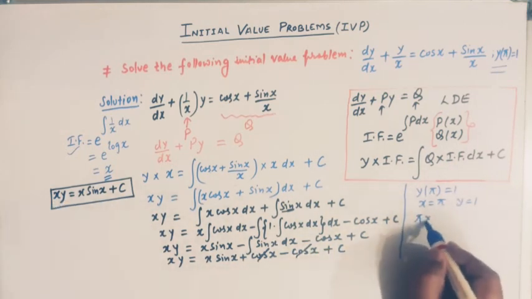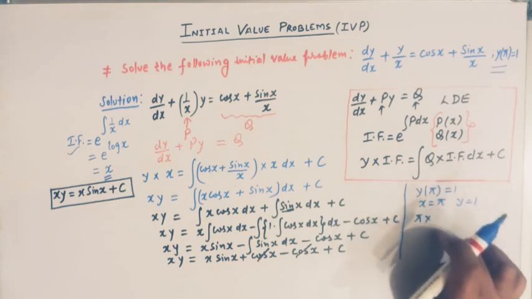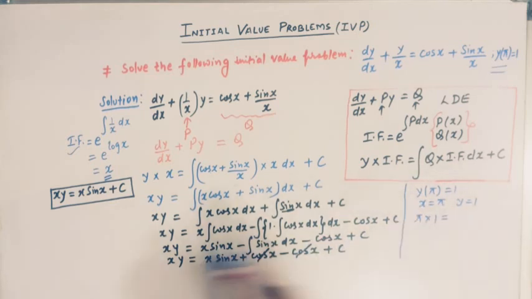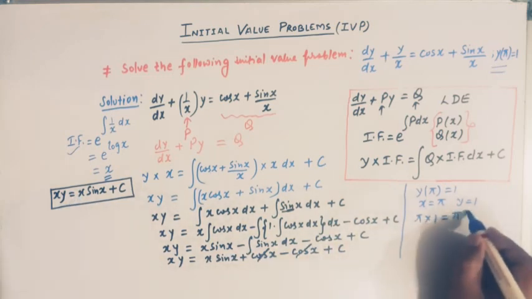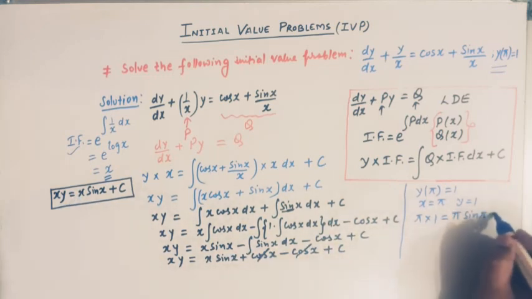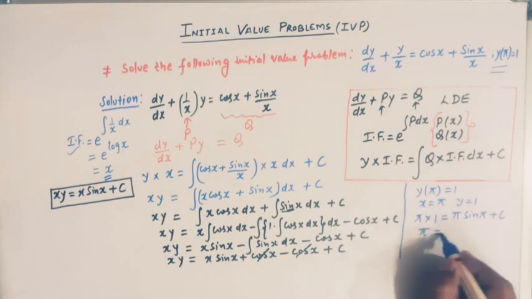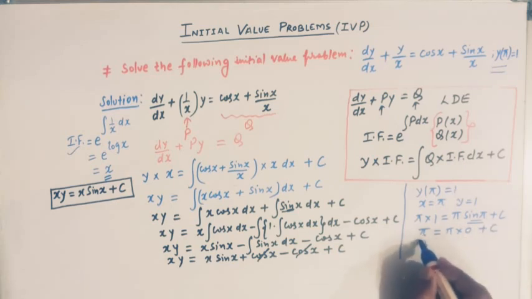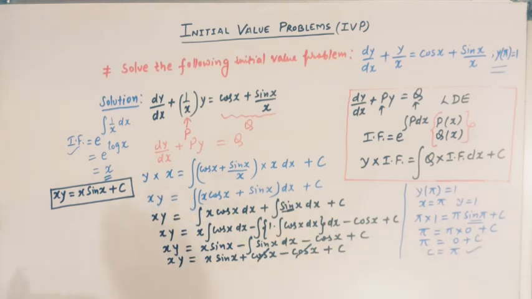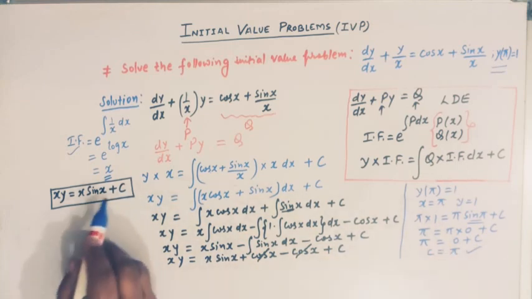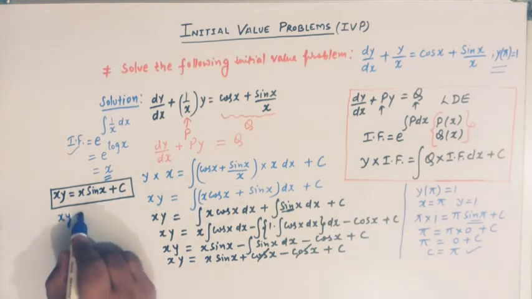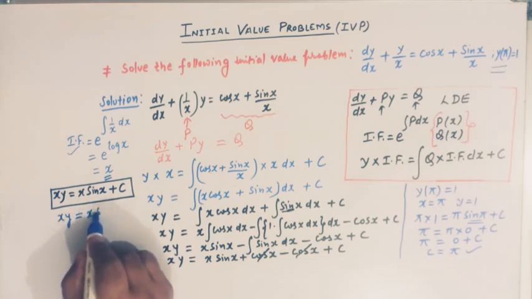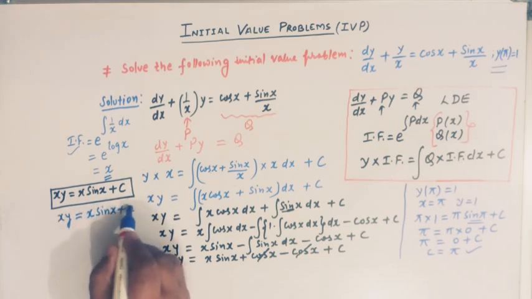So we have pi times y, y is 1, and here we have x is pi, then we have sine pi plus c, and the value of sine pi is 0, so pi is equal to 0 plus c, so c is equal to pi. So the value of the constant of integration is pi. So substituting this value over here, we get the solution as xy is equal to x sine x plus pi, right?